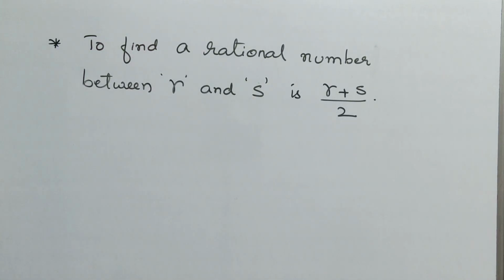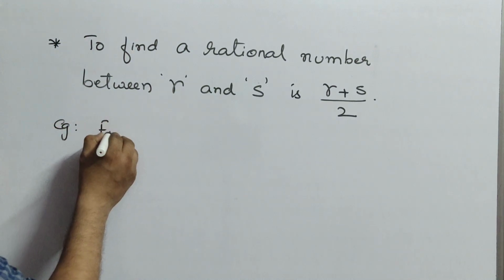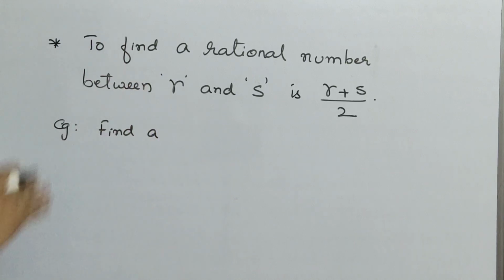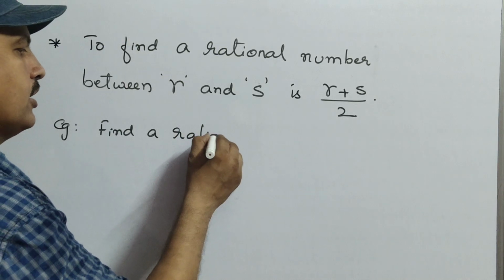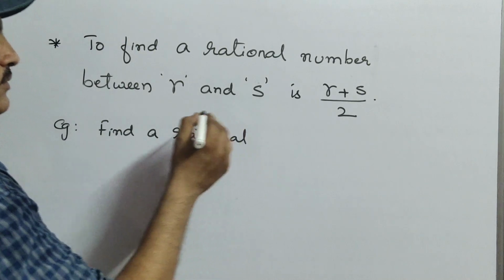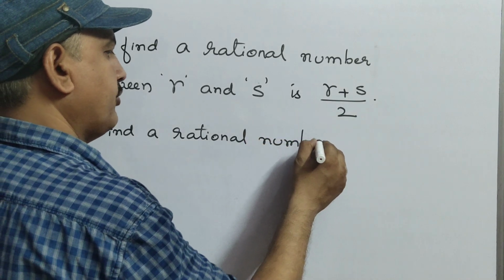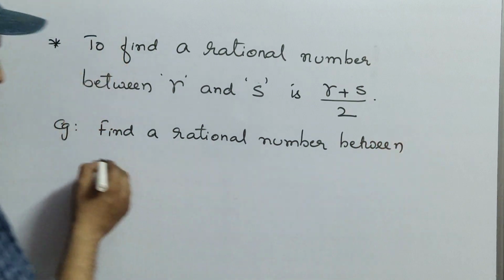Okay, listen now. I am giving you one example also. You can note this down in your CW after this example. Find a rational number between 2 and 3.